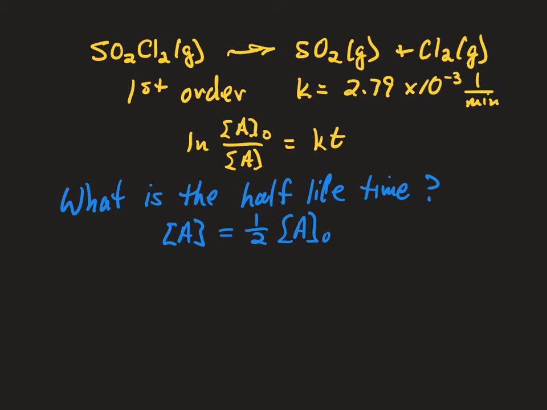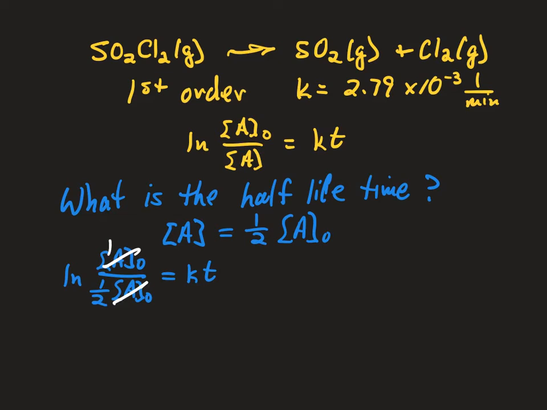If we substitute that into our integrated rate equation, you get that the natural log of the concentration of A initial divided by 1/2 the concentration of A initial is equal to K times time. That divides out. 1 divided by 1/2 is 2.